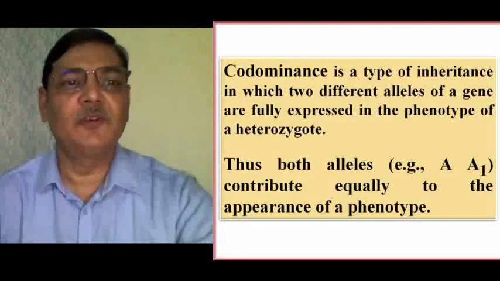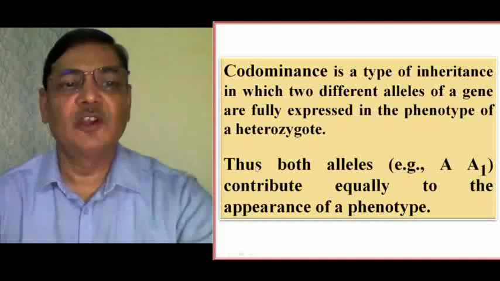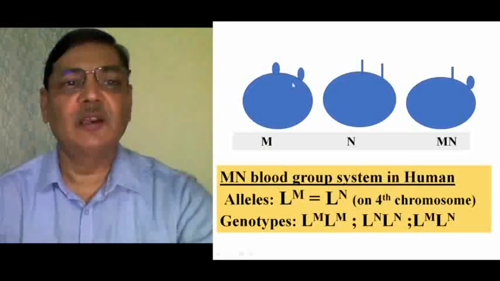Codominance is a type of inheritance in which two different alleles of a gene locus, suppose capital A and A1, are fully expressed in the phenotype of a heterozygote. It means when both alleles A and A1 contribute equally to the appearance of a phenotype, then the phenomenon is known as codominance. And this we can understand in the case of the MN blood group.